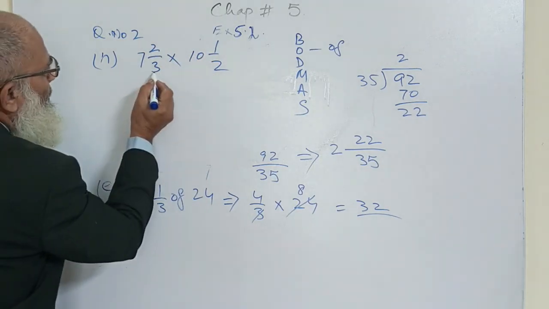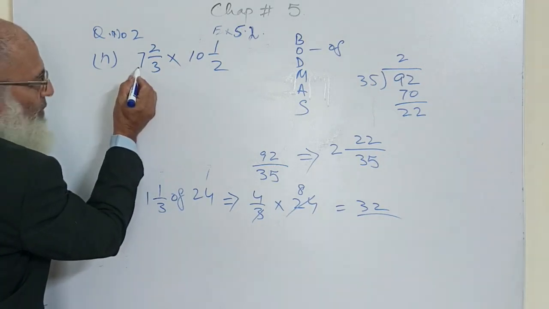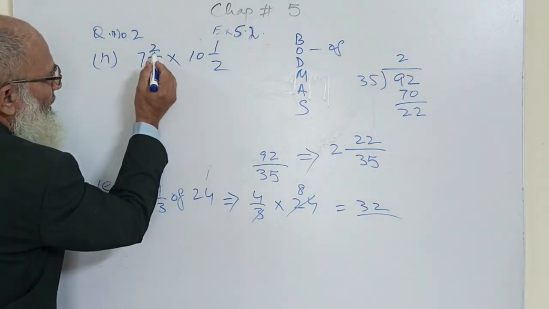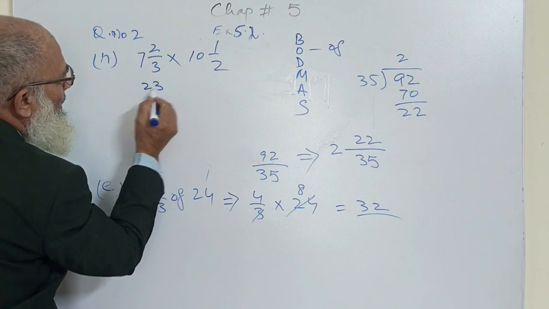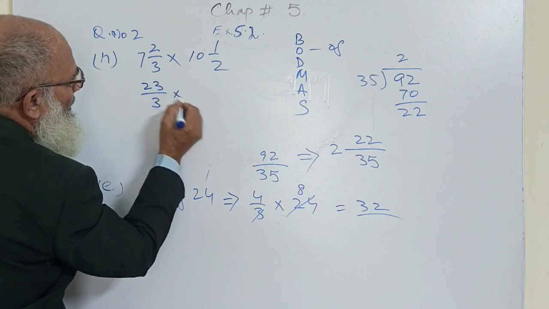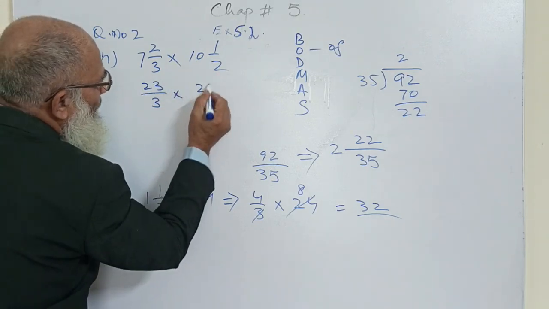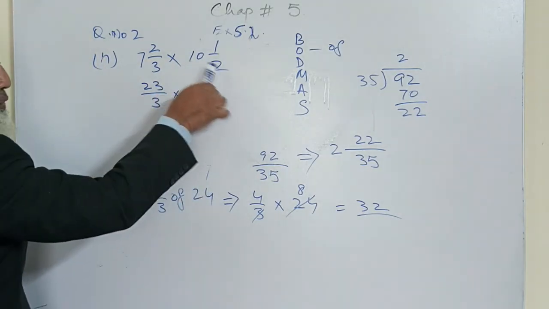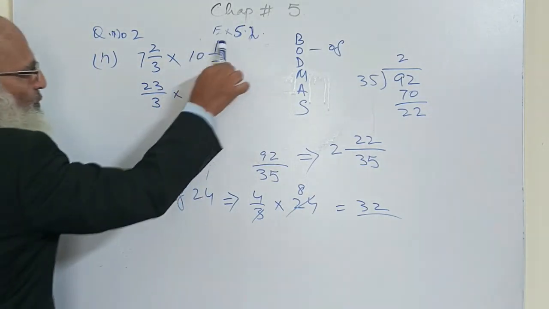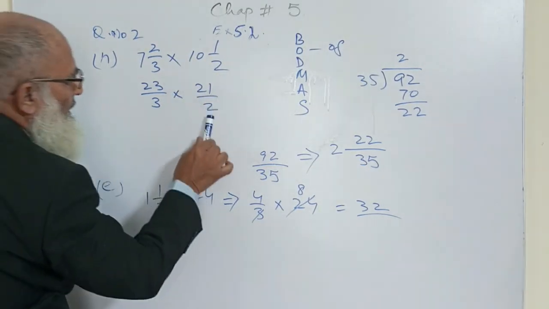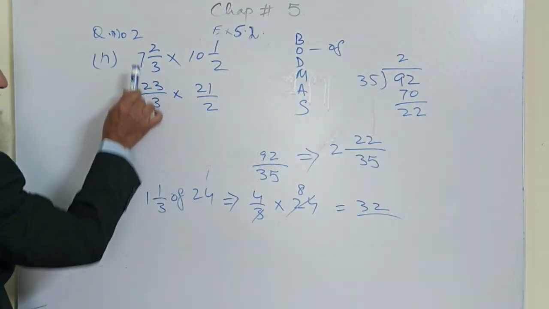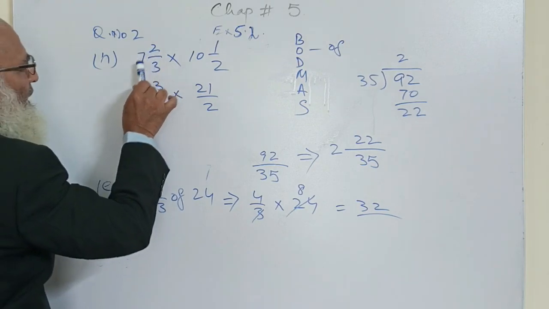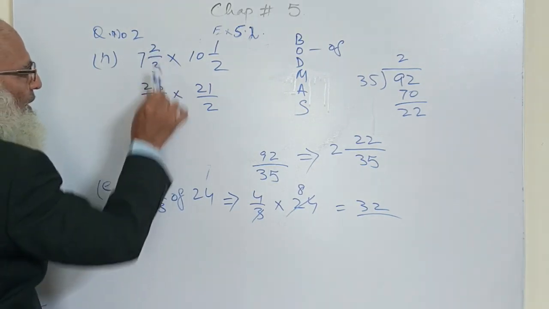So what do we do? 3 times 7 is 21, 21 plus 2 is 23 upon 3, multiplied by 2 times 10 is 20 plus 1 is 21 upon 2.